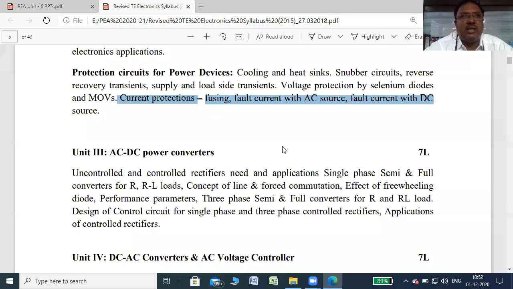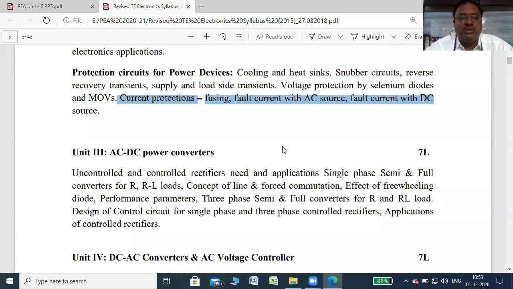So till this unit two, we have seen the protection circuits from high voltage or change in high voltage, then change in high current, high rate of change of voltage, high rate of change of current, then for temperature we use heat sink. If heat sink is not sufficient, then we use some cooling techniques so that the temperature will be dissipated in a proper way. Okay.